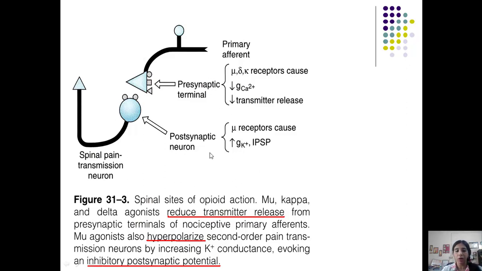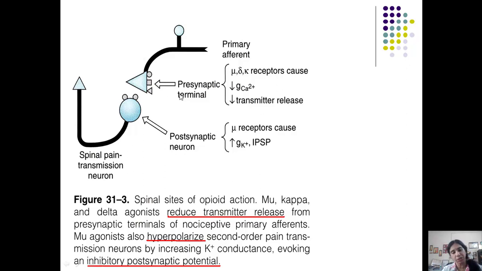And not only do they decrease the calcium influx via decreasing cyclic AMP, the mu agonists also hyperpolarize the second order pain transmission neuron by increasing the potassium conductance, and potassium conductance brings about a state of hyperpolarization and generation of inhibitory postsynaptic potential.